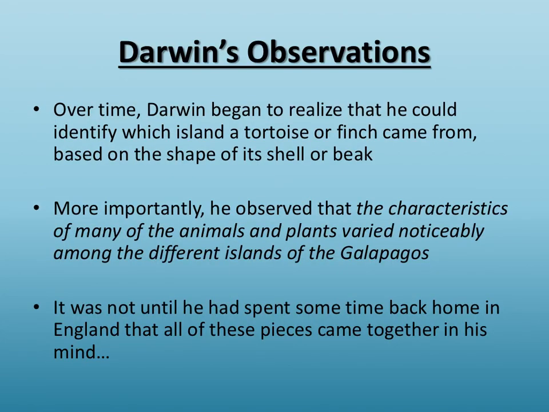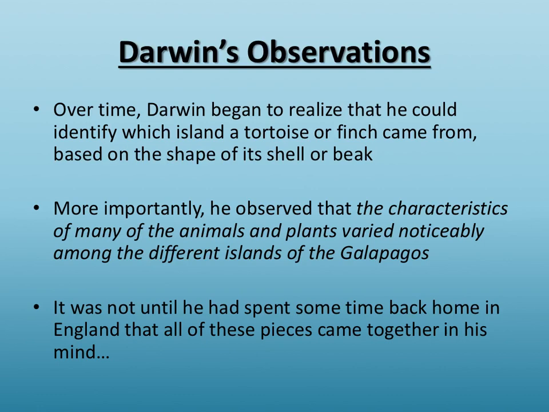Now, what Darwin started to notice while they were camped out there in the Galapagos is that he could tell his fellow sailors which island a tortoise or a finch came from based on the shape of the shell or the beak. So it was that predictable, right? That this particular island had this kind of tortoise and this particular island had this kind of finch.